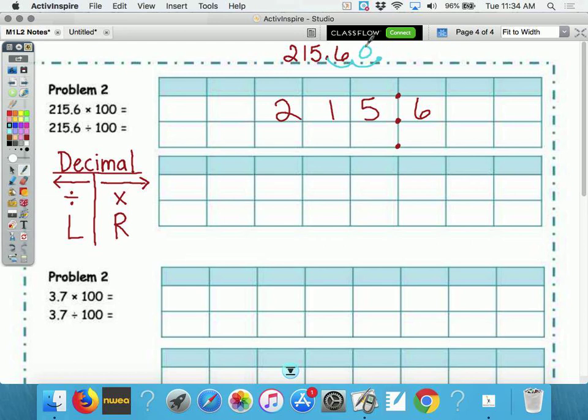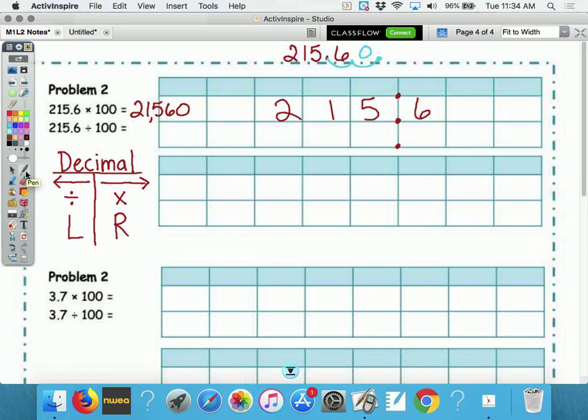Okay, so go ahead and do that. Then I'm going to do 21560 and then figure out where to place my comma. So 1, 2, 3, comma. Yep, $21,560.